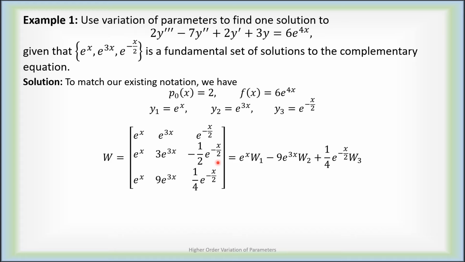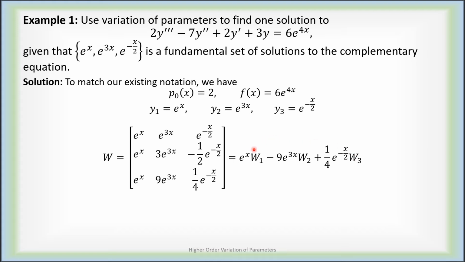Remember, the Wj's were always formed by striking out the last row and then a particular column. So if I expand the determinant of W along the bottom row, I will always end up generating W1 and then W2 and then W3 and so forth. Because we started with a plus 1 here, we have plus e to the x times W1 minus 9e to the 3x times W2 plus a quarter e to the minus x over 2 times W3.